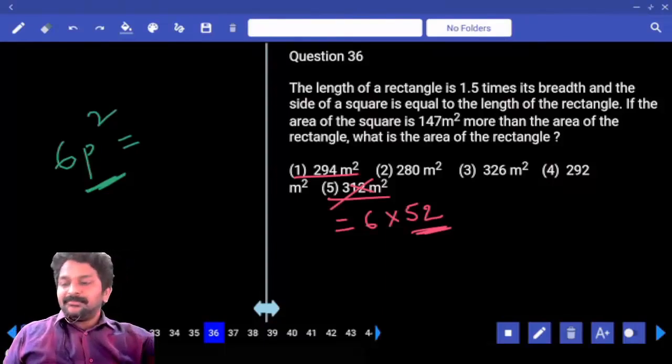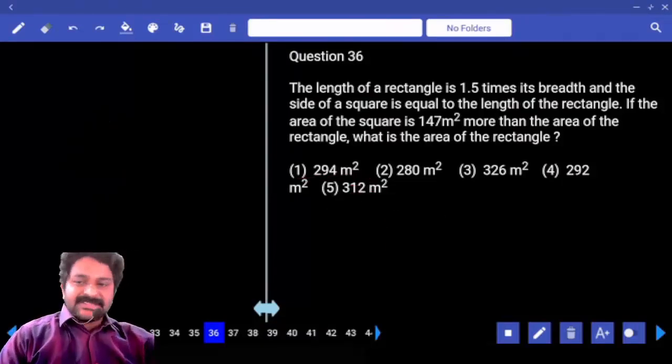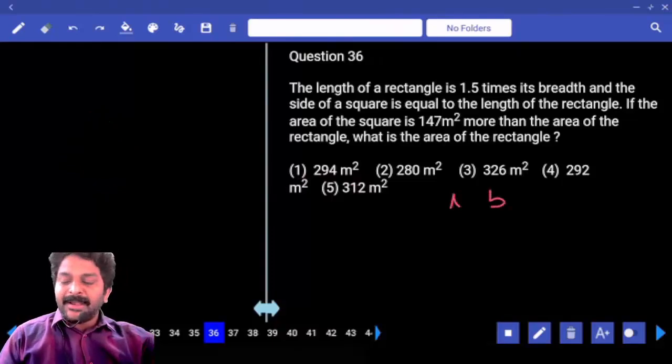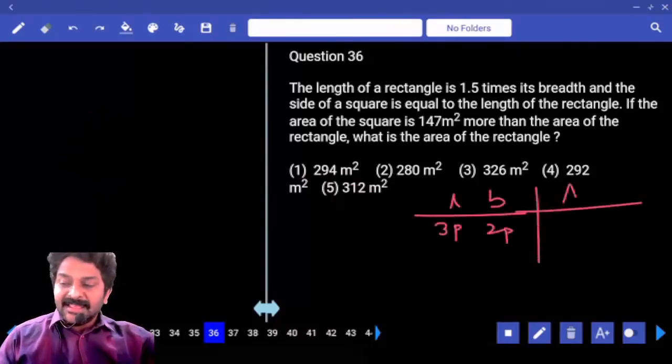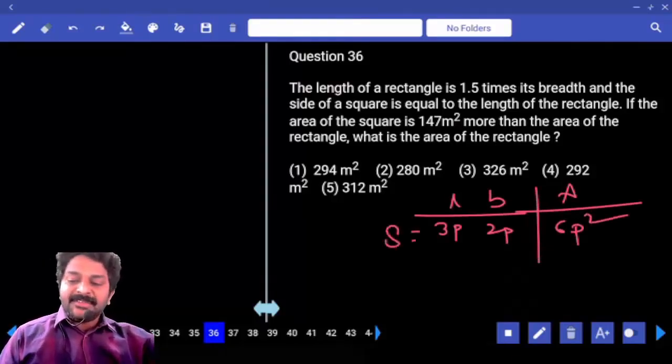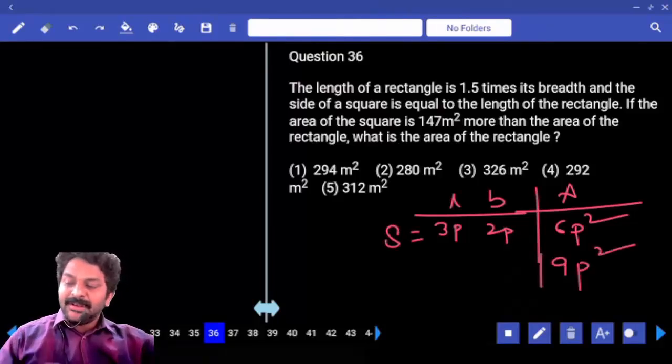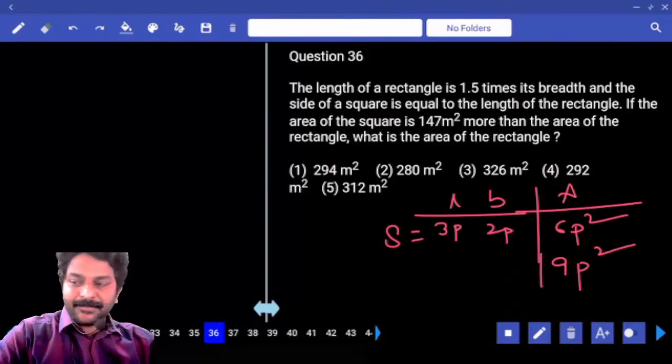If you want to do the process, length and breadth are 3 parts and 2 parts, so area is equal to 6p square. As the side of the square is 3 parts, that is equal to 9p square, 3p whole square.